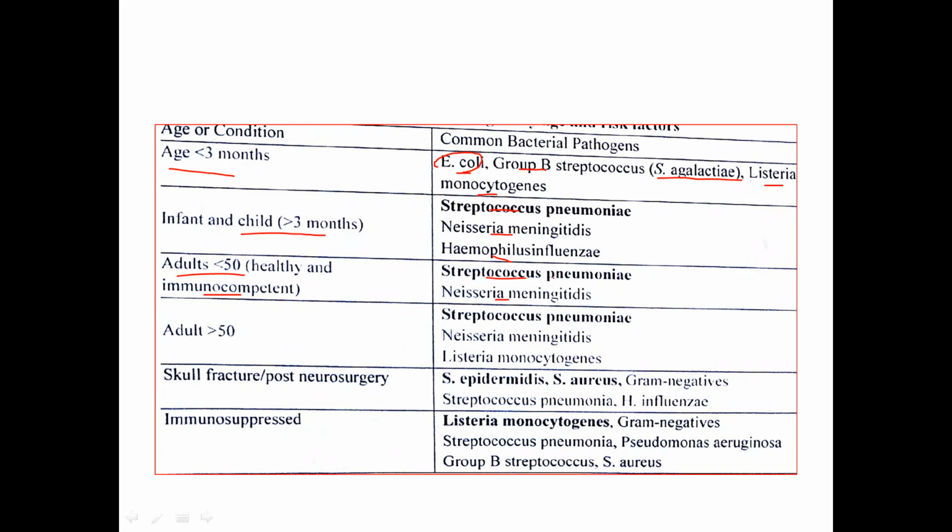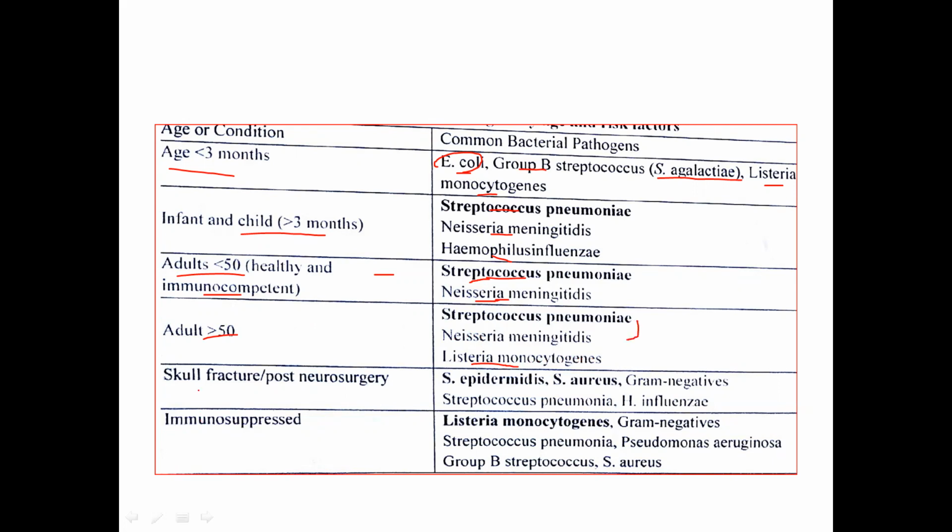So if you find a patient who is an immunocompetent adult less than 50 years, you will give empiric treatment active against those 2 bacteria. It is enough. If it is an adult greater than 50, Listeria monocytogenes comes as a cause. So you will add antibiotic against Listeria monocytogenes in addition to those 2 bacteria.